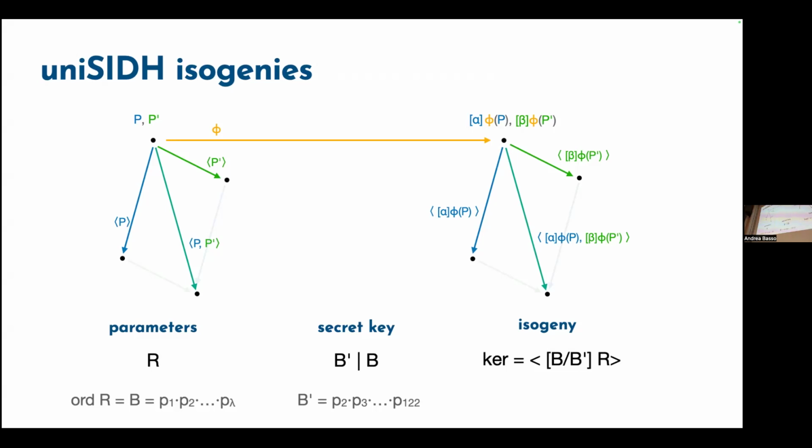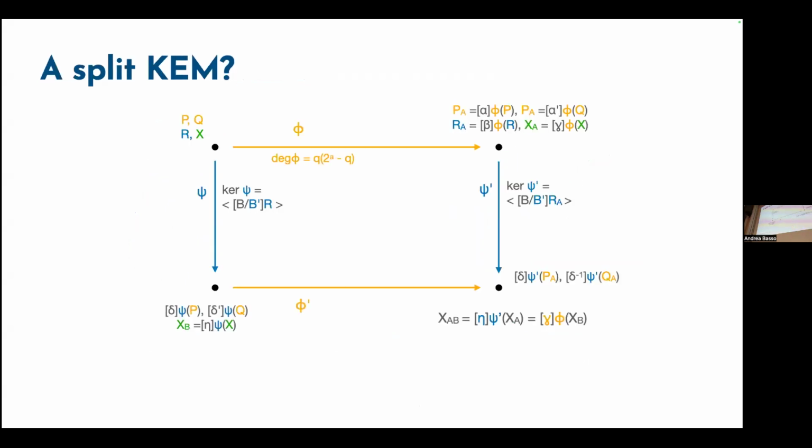Okay, so now that we have these isogenies that have a hidden degree, we can plug them in. Basically this is the same image that you've seen before. We just replace how we compute psi and psi prime. And now we can ask whether this is a secure KEM.